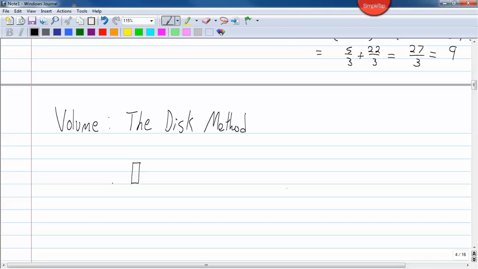But what if we were to take this rectangle and revolve it about, say, this x-axis right here? And so I'm going to kind of turn this axis on its side a little bit. If you were looking at it from the side and you revolved this disk around the x, then it would kind of make a solid figure.